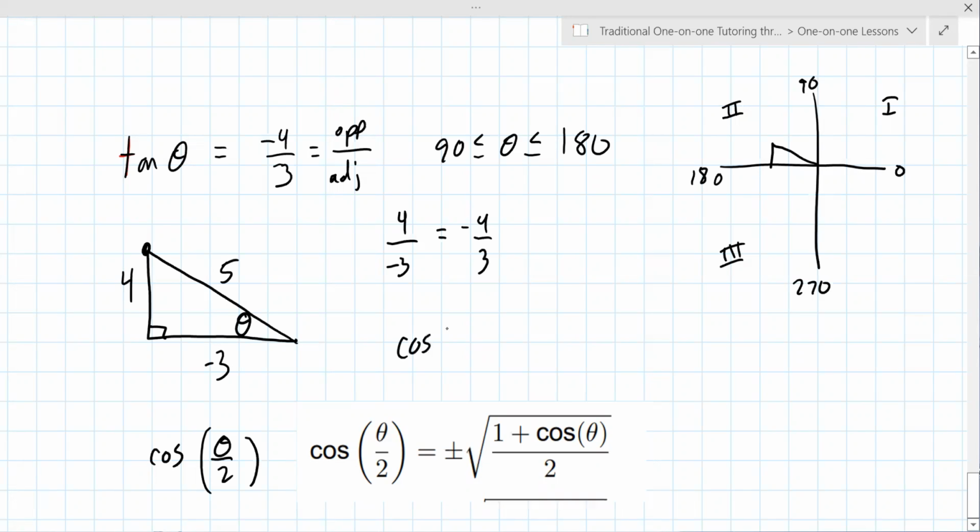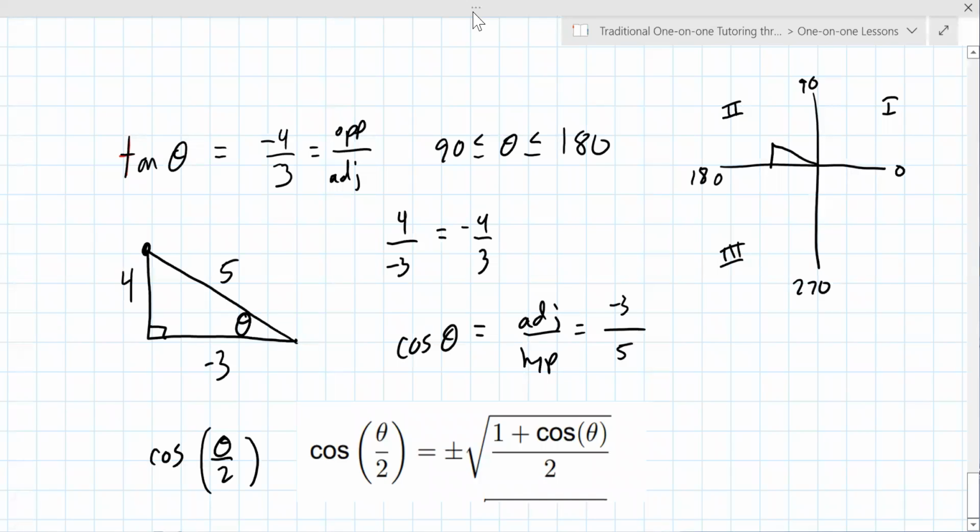What is the cosine of theta in this problem? Oh my god, my brain's lagging. Adjacent over hypotenuse. That's a hint. -3/5. Good.